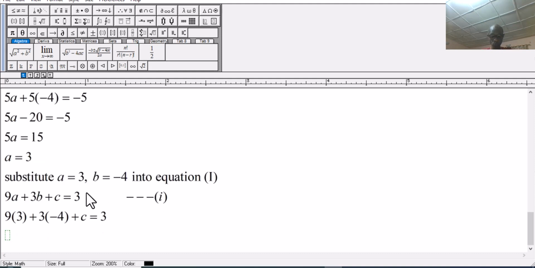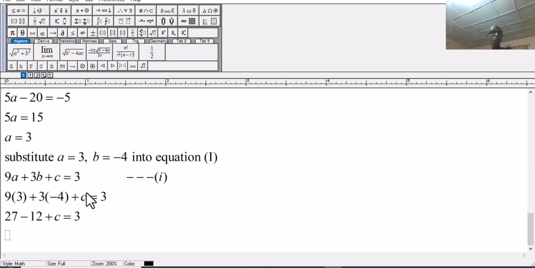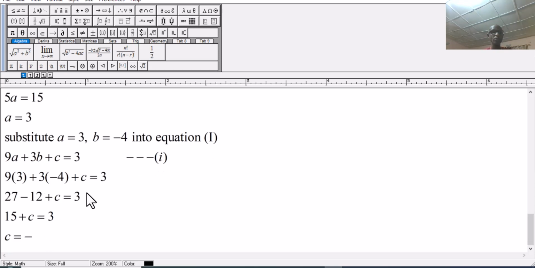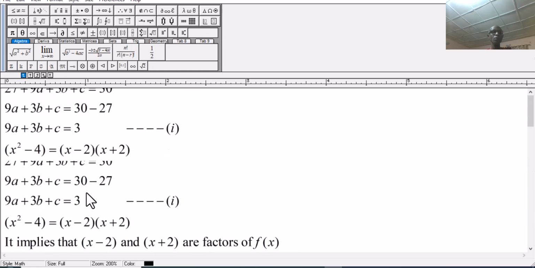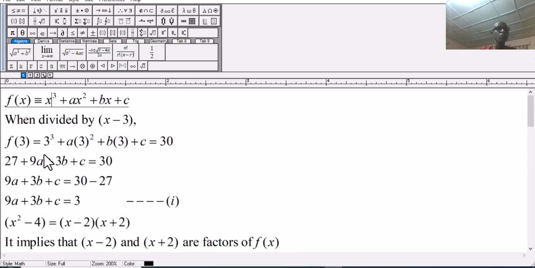So we have 27 minus 12 plus c is equals to 3. So this will give us 15 plus c is equals to 3. So our c is equals to minus 12. So we've gotten the value of our c. We can now write the polynomial we were given originally. I'm going to copy it out.